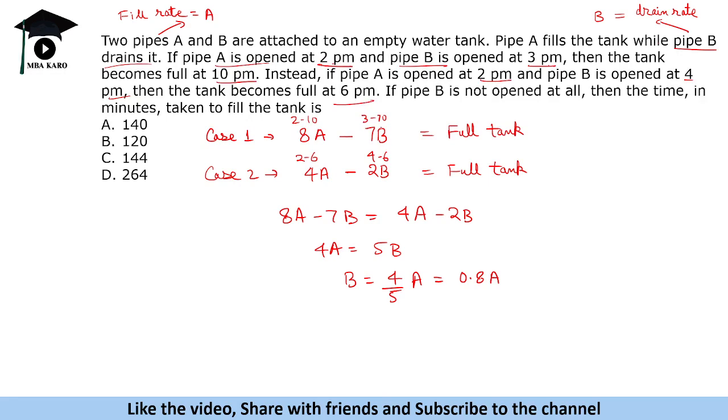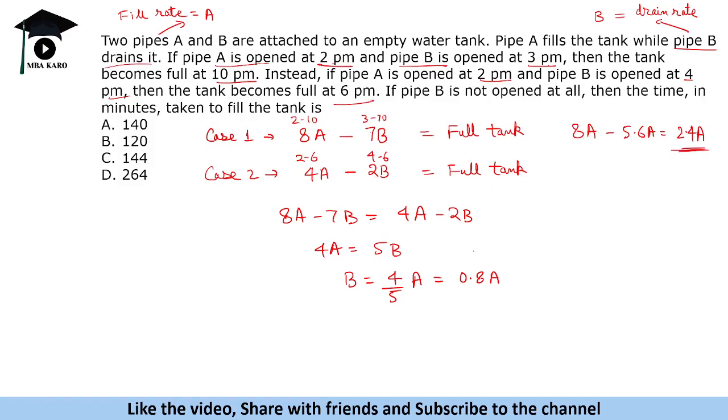Now we will substitute B in this equation. Full tank is this. So 8A minus 7 into 0.8, that is 5.6A. So full tank is 2.4A. Or if you put it in this equation also, this is 1.6A, 4 minus 1.6 is 2.4A.